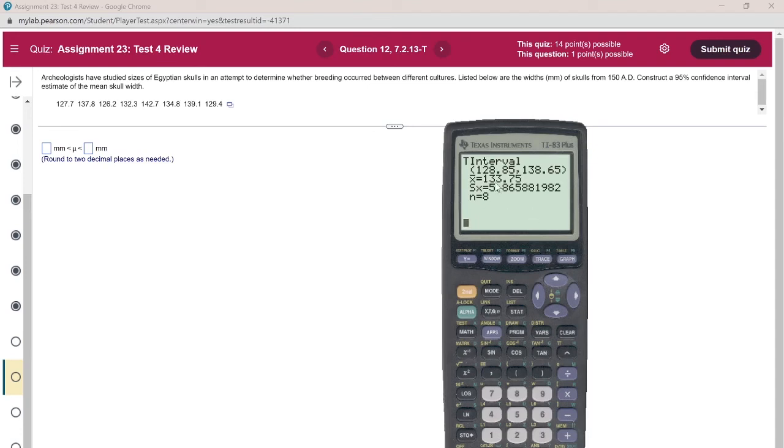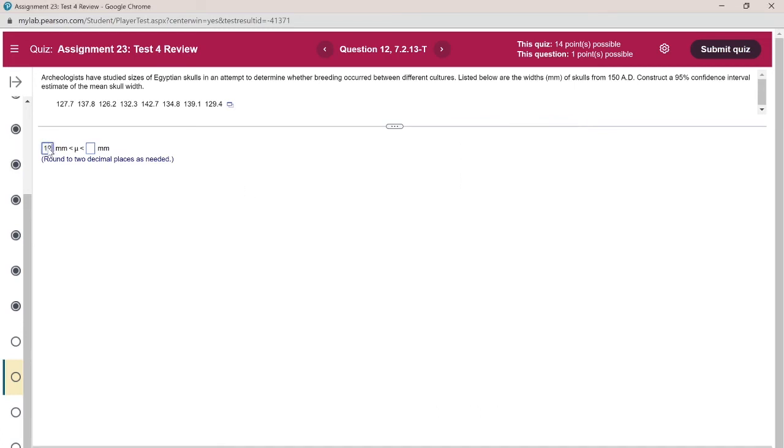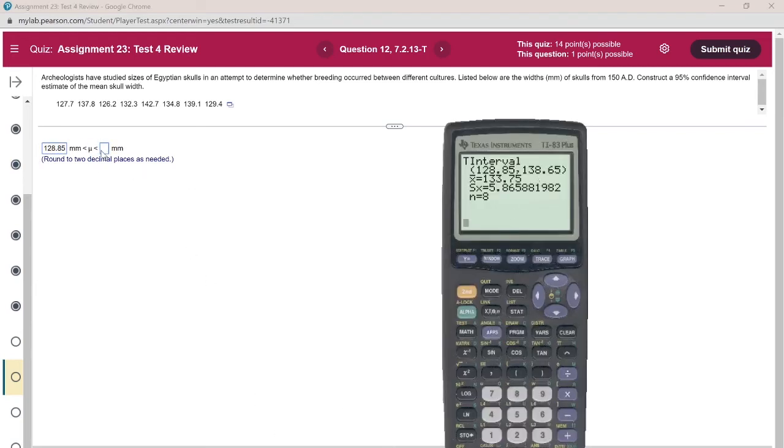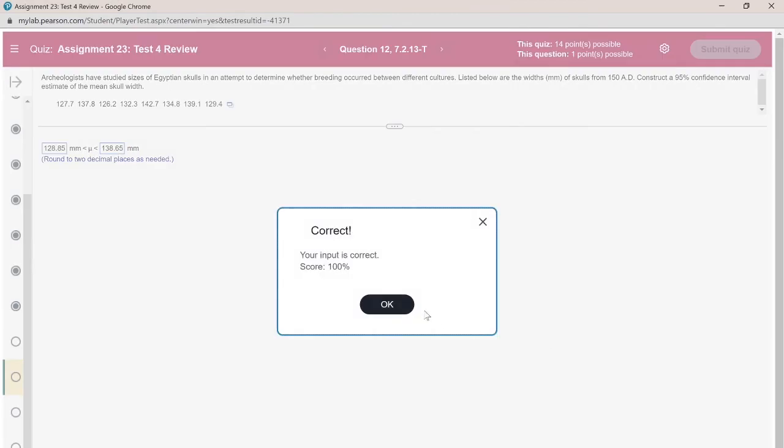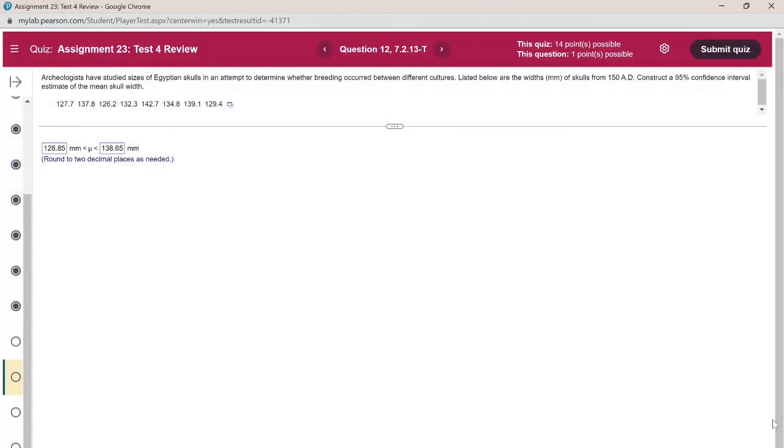As you can see, the mean is 133.75, and the confidence interval lower limit, rounded to 2 decimal places, is 128.85, and the upper limit is 138.65. So that's how we can calculate the confidence interval.